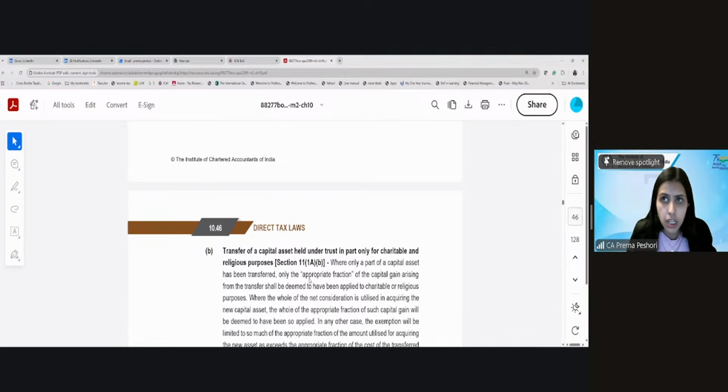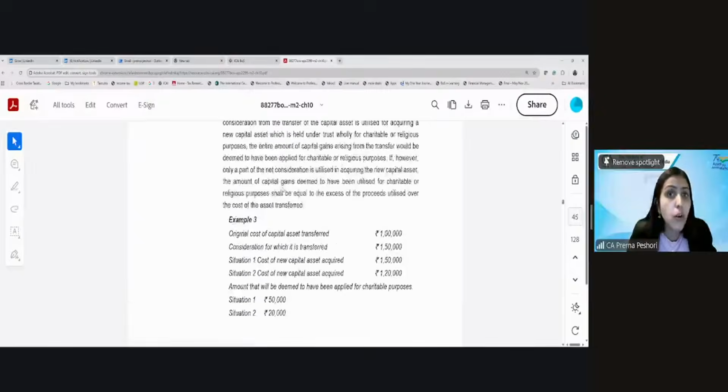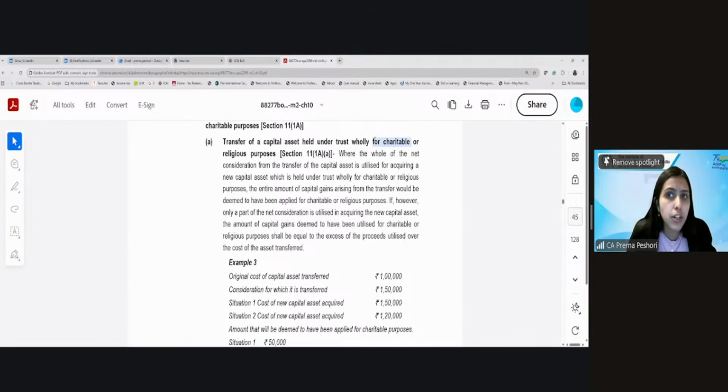Now the second situation is if the transfer of the capital asset is in respect of a trust which is partly charitable and partly religious. The first situation was for wholly religious or wholly charitable.